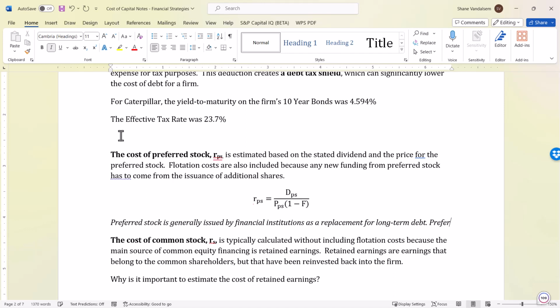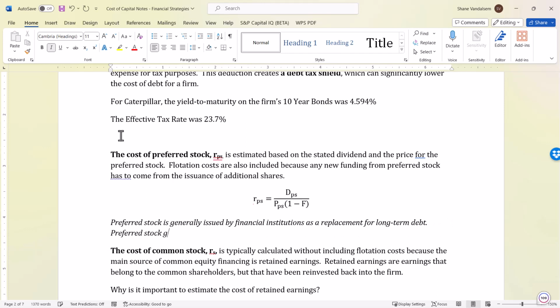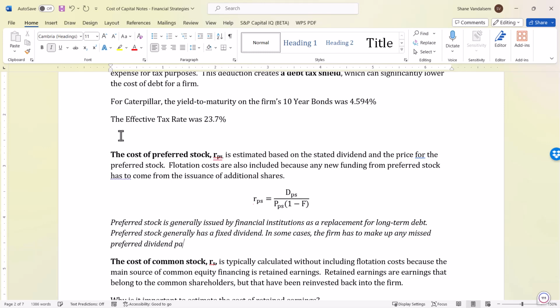Preferred stock generally has a fixed dividend. In some cases, the firm has to make up any missed preferred dividend payments before common stockholders receive a dividend.